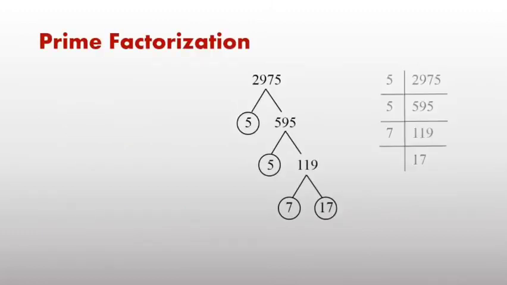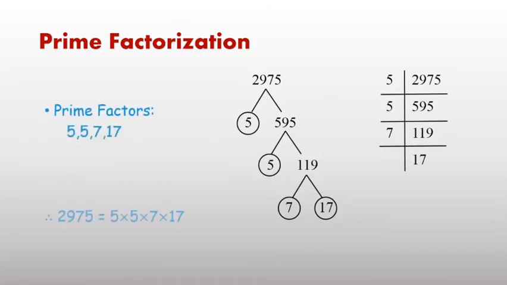Now, third example, because first practice is required for prime factors. Next number is 2975. Since the last digit is 5, it is divisible by 5. Divisibility rule, you should know it. Divide by 5, you will get 595.